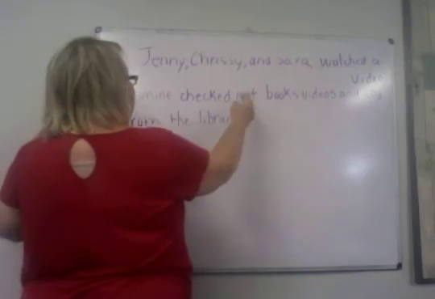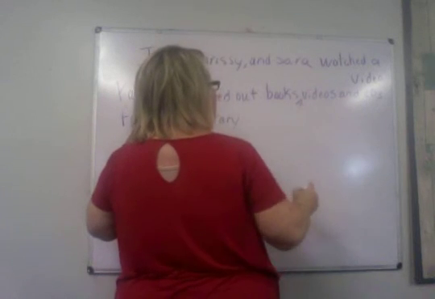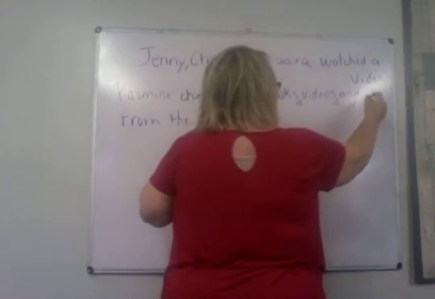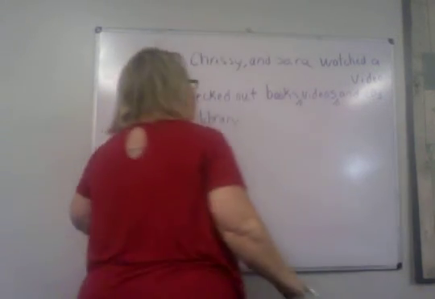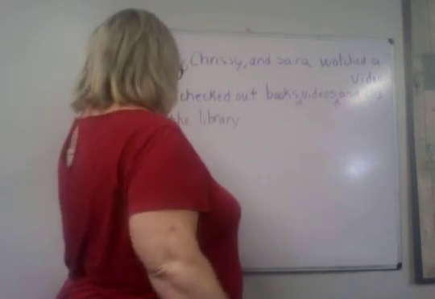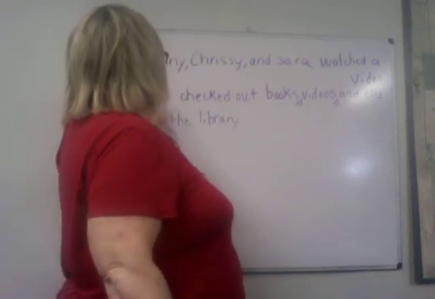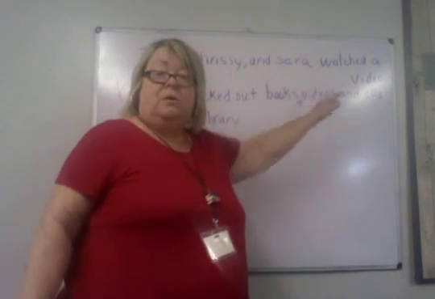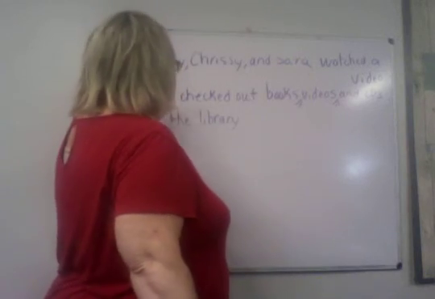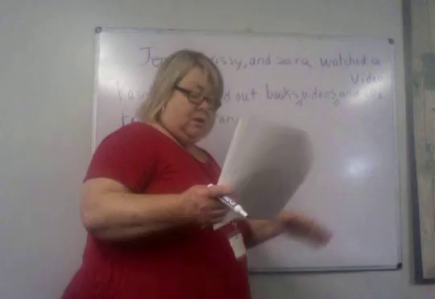When you add something, Yasmin checked out. What did she check out? She checked out books and videos and CDs from the library. So adding those 2 commas, this sentence says Yasmin checked out books from the library. Yasmin checked out videos from the library. Yasmin checked out CDs from the library. That's where the commas go.